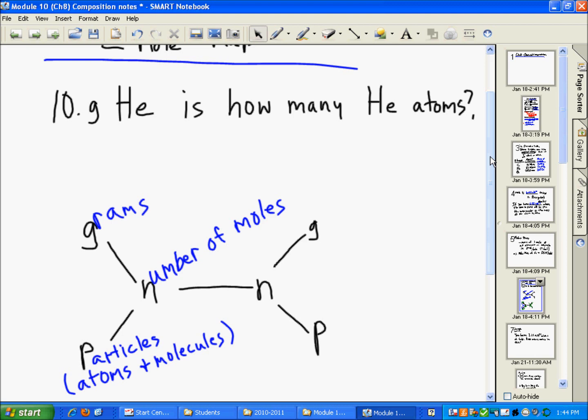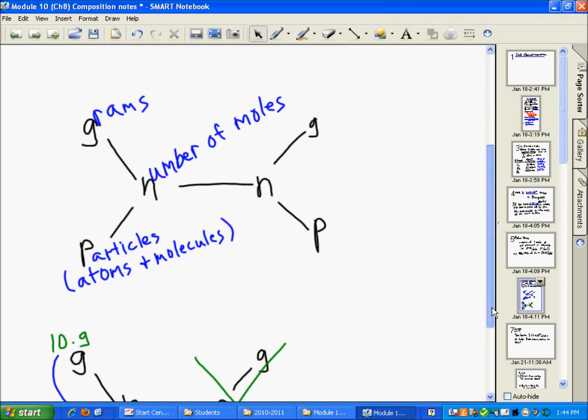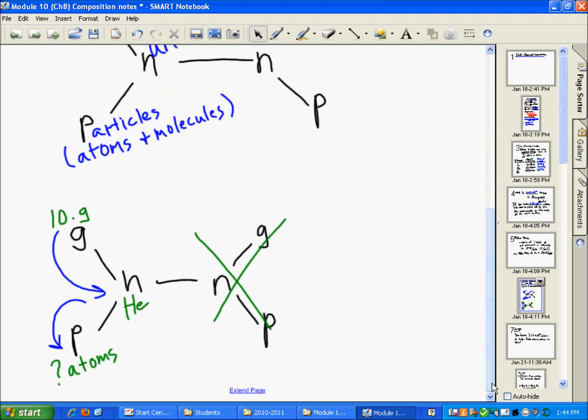So since we're only dealing with one substance, the calculations in Chapter 8 will really only use one side of the mole map. We'll only get to the other side of the mole map once we get to Chapter 9. So in the next lesson for Chapter 9, we'll be using two sides of the mole map.